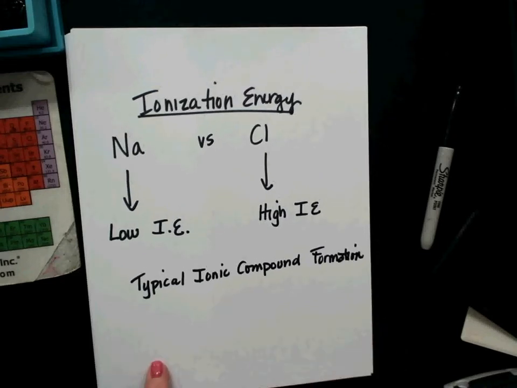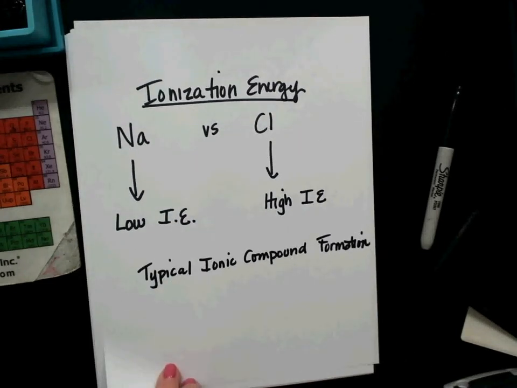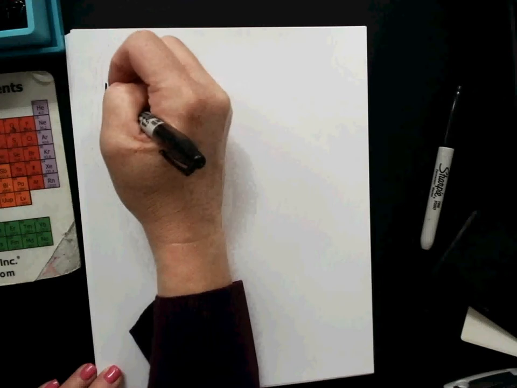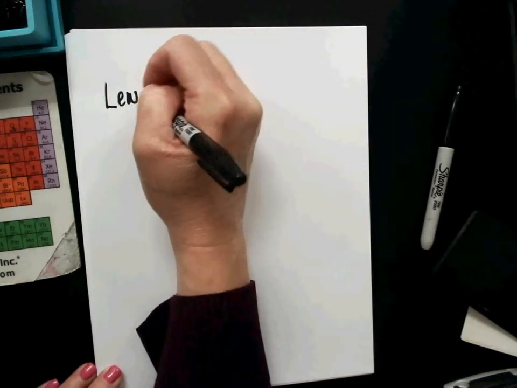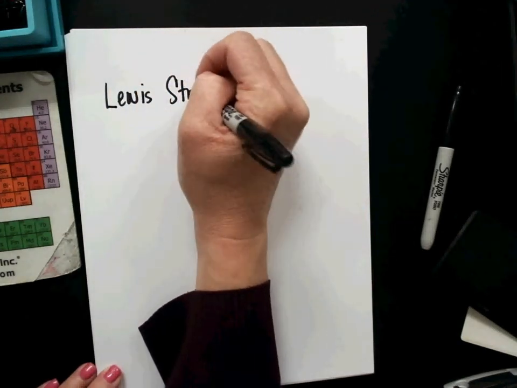So now let's look at that and see what it looks like as a Lewis structure, or a Lewis dot structure equation. I'm just going to write Lewis structure.